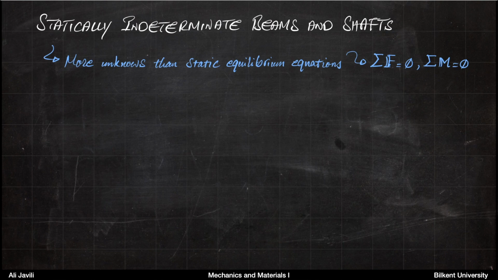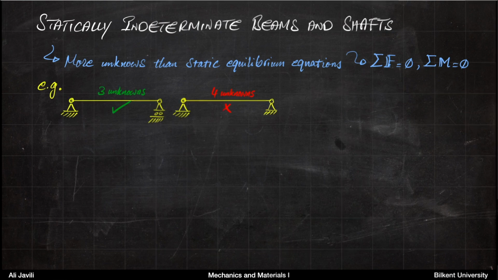So our static equilibrium equations, as always, are equilibrium of forces and moments. So in 3D, you have 6 equations. In 2D, you have 3 equations. But then that means if in a 2D problem you have more than 3 unknowns, that would be a statically indeterminate system. An example of that is, for instance, here.